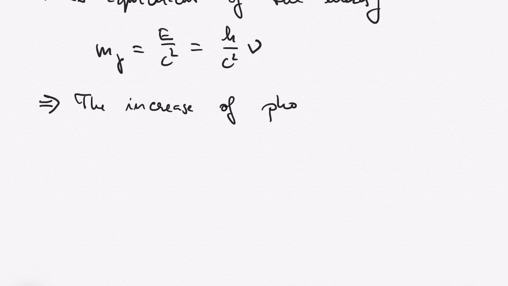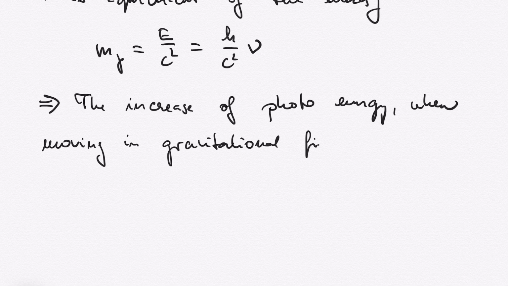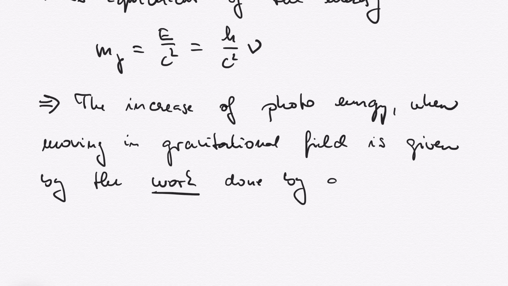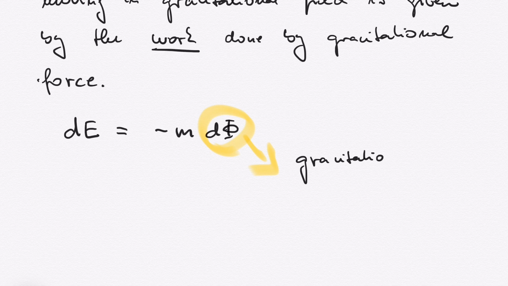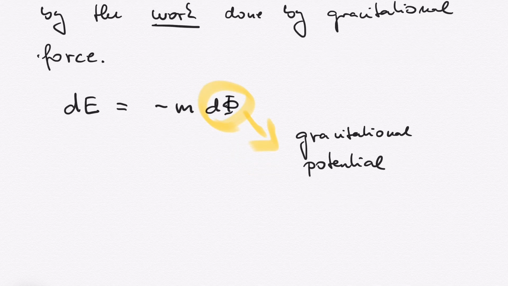Then the increase of photon energy when it moves in the gravitational field is given by the difference of the gravitational potential. So we can write that dE, the increase of the energy, is minus this mass equivalence times d phi. d phi is the change in the gravitational potential.